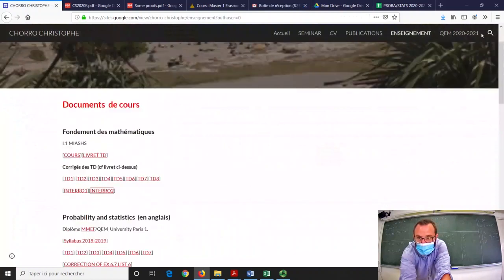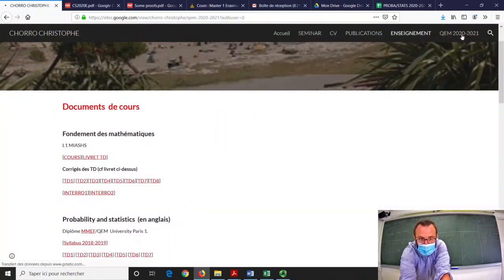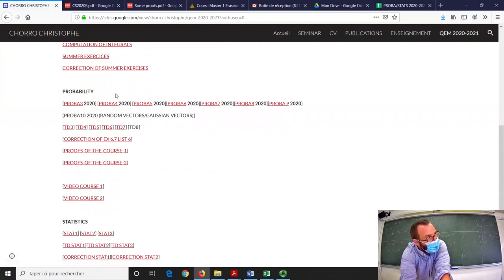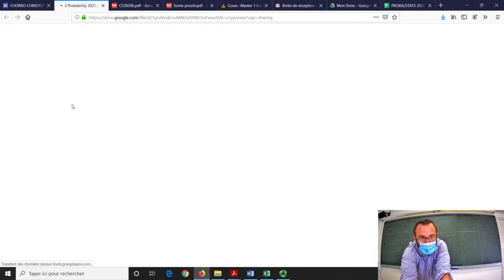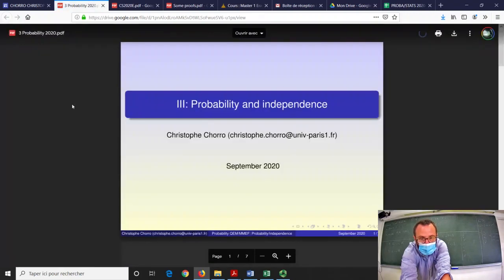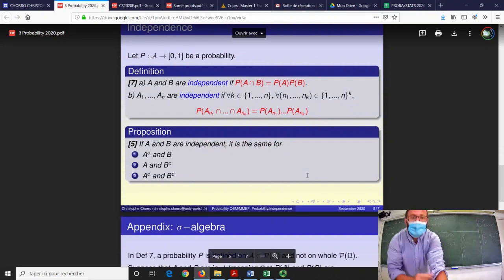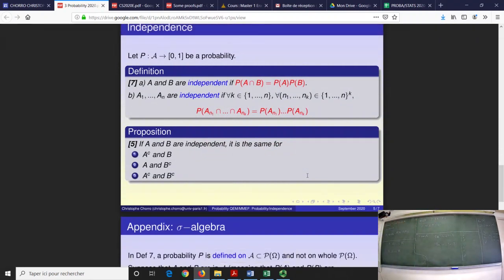So where are the slides? Somewhere here. It was here in the first station, at the end. Proposition 5: if A and B are independent, then A complementary and B are independent, A and B complementary, and A complementary and B complementary are independent.